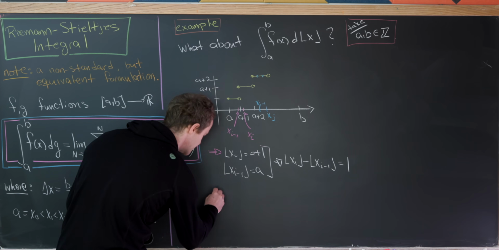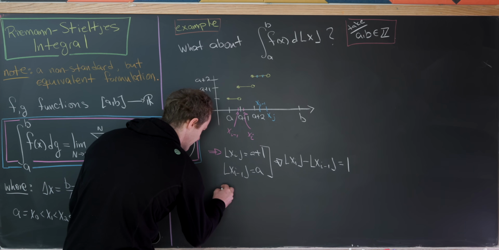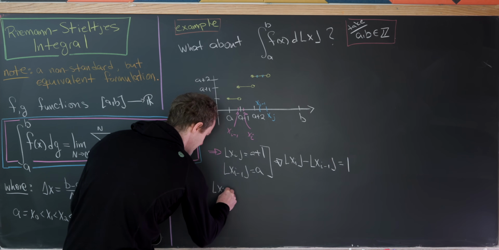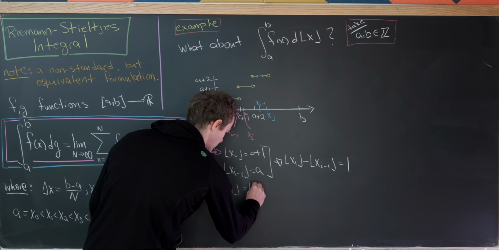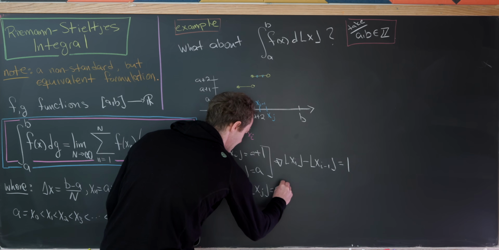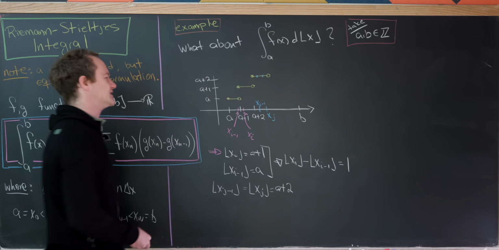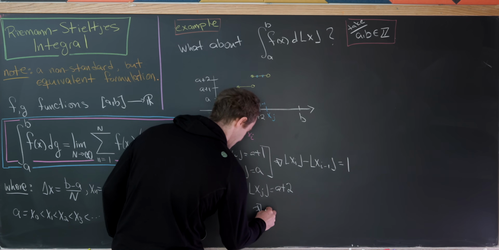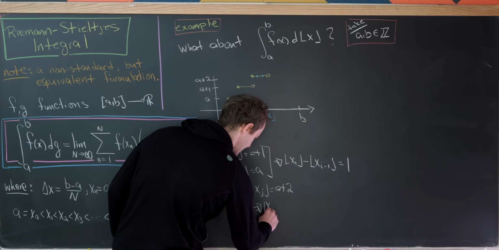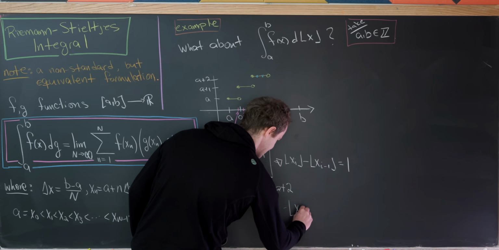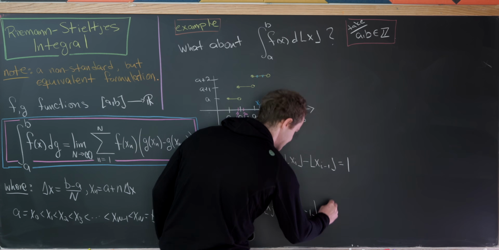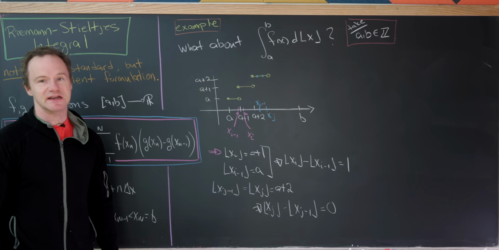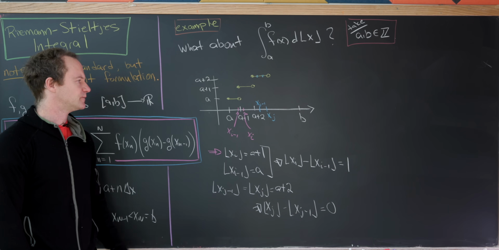So the floor of x sub j minus 1 equals the floor of x sub j, which is equal to a plus 2, based off our picture. But that tells us that the floor of x sub j minus the floor of x sub j minus 1 is in fact equal to 0.